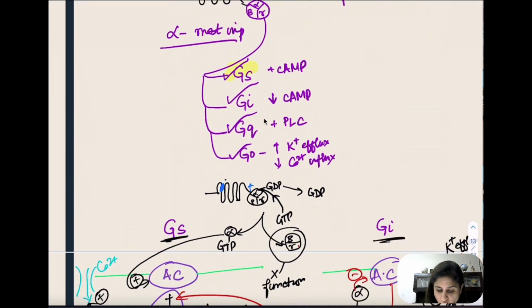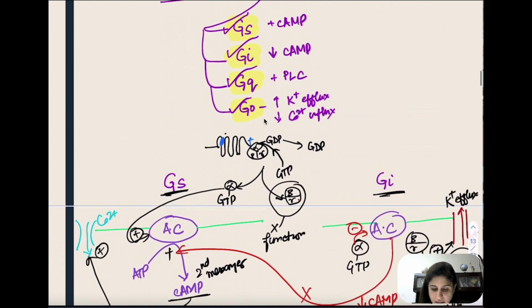These are 4 types: GS, GI, GQ, GO. Stimulatory and inhibitory have opposite effects. One increases cyclic AMP, the other decreases cyclic AMP. GQ is going to stimulate phospholipase C. GO is only involved in the channels and usually functions like GI.